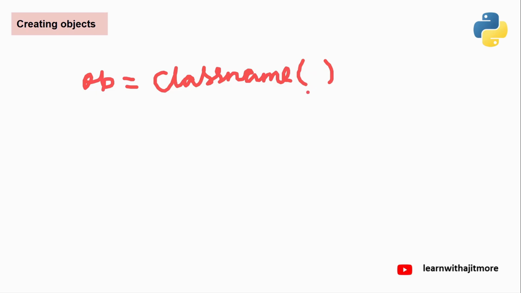Obviously, when I write the round brackets, some function is going to get called, but that is a magic function. Magic function meaning you are not calling it explicitly. It is getting called implicitly. That is actually called a constructor. So when we write the class name with round brackets, it creates a copy of this class.